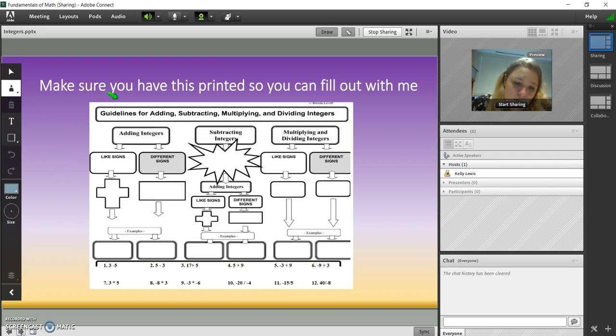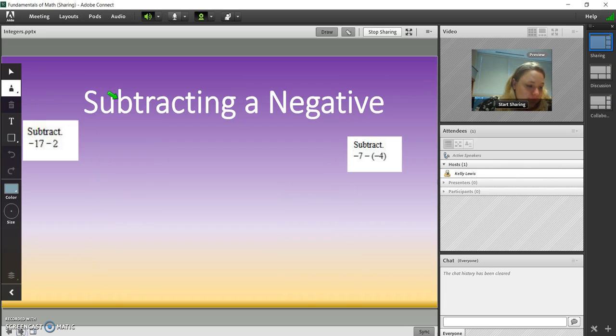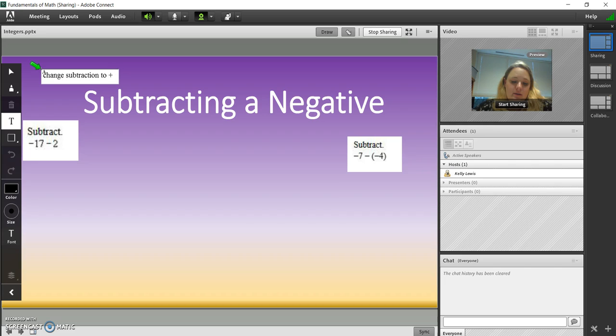Okay, let's do some more. Then I have this wonderful graphical organizer. Subtracting a negative: you change subtraction to adding a negative number.